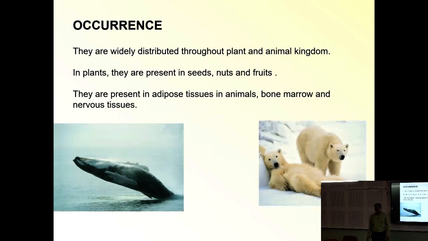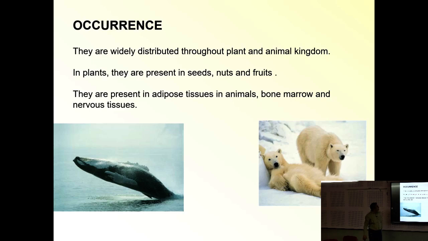Now, what is their occurrence and importance in day-to-day life and in various animals too? They are widely distributed throughout the plant and animal kingdom. As I said, they are present in seeds, nuts, fruits, all living beings, cell organelles and cell wall materials.